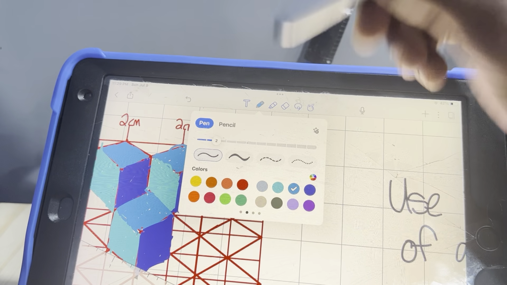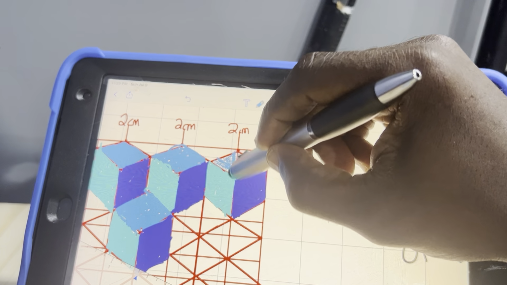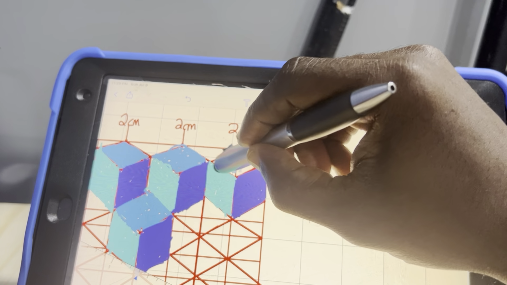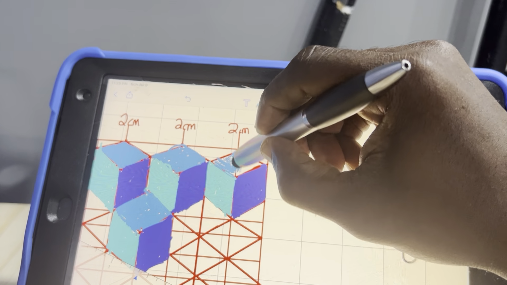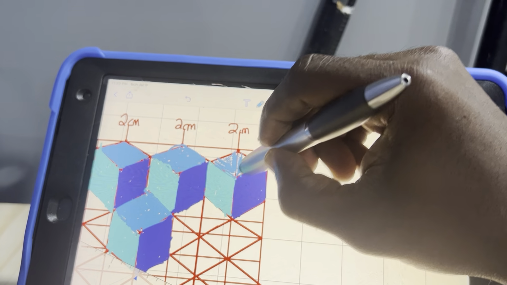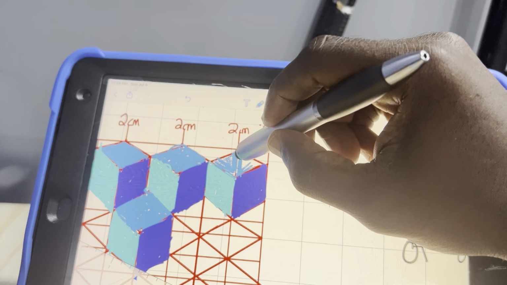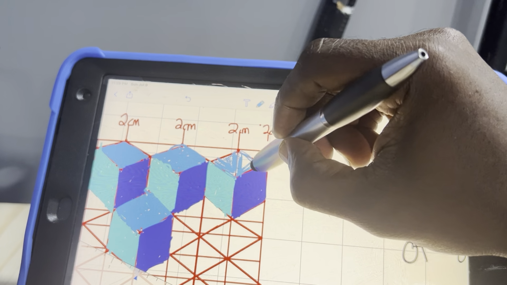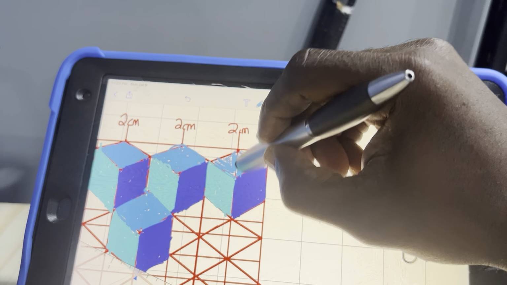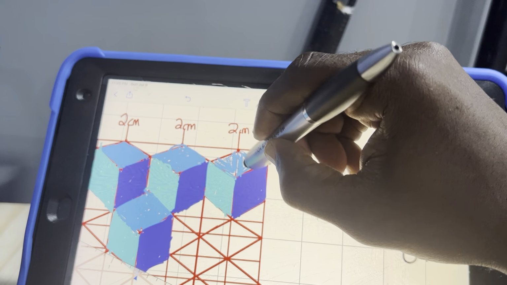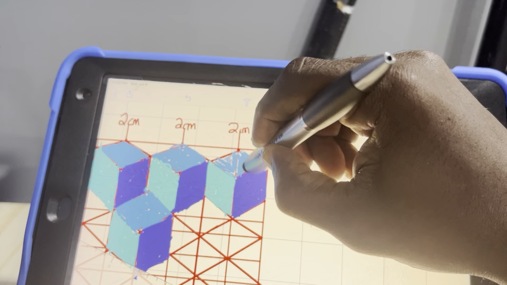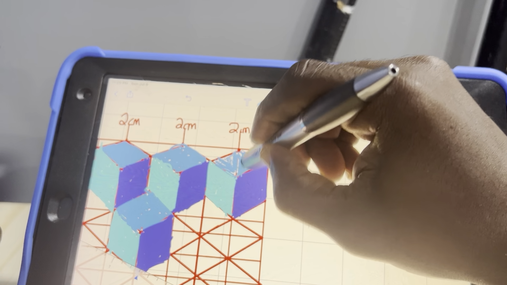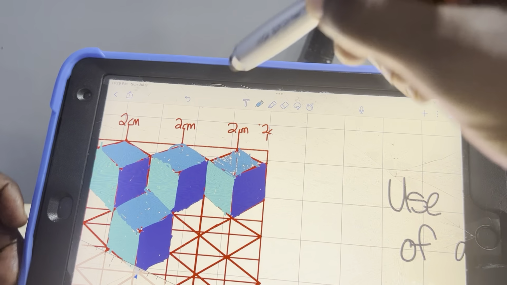That's what's going on. It's like, what is that doing? There we go. So again, you would just take your time and make it nice. But I just want you guys to get an idea of what it will look like.